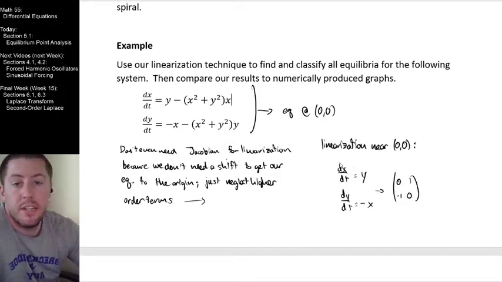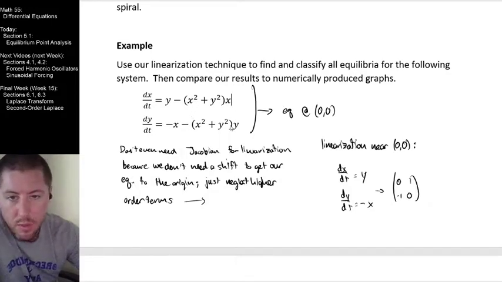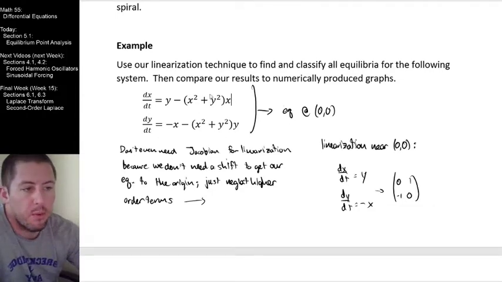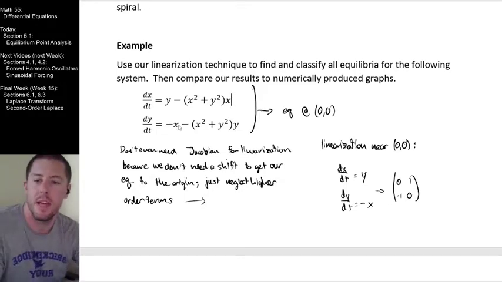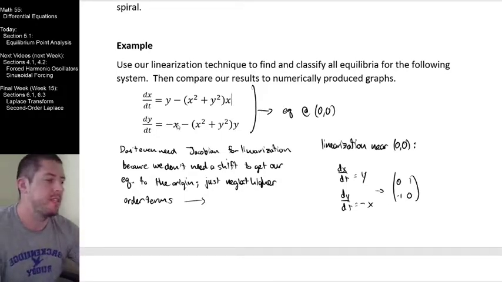So our linearization, neglecting the higher order terms, well, these are all the higher order terms: x cubed, x times y squared, y times x squared, y cubed. These are all the things that are going to be incredibly tiny if they're near the origin, whereas these are not going to quite be as tiny. These are going to be providing us a bulk of the information about dx dt and dy dt. So that's our good linear estimate of what this system is actually doing.